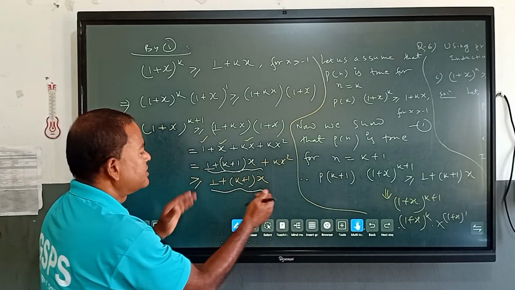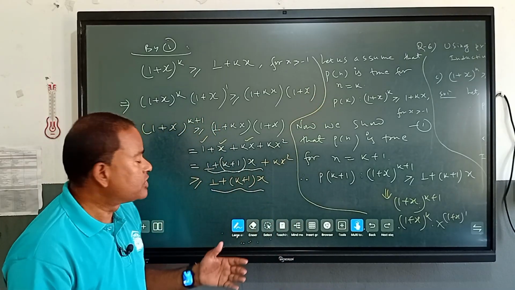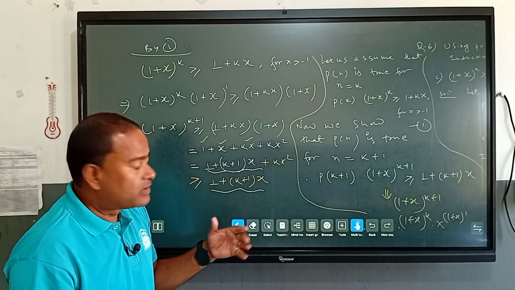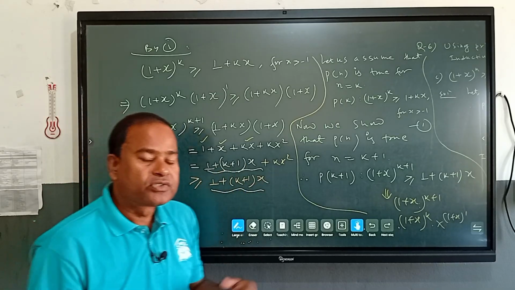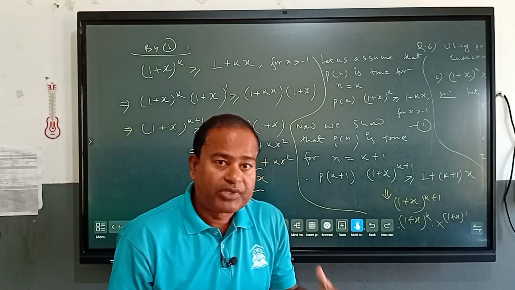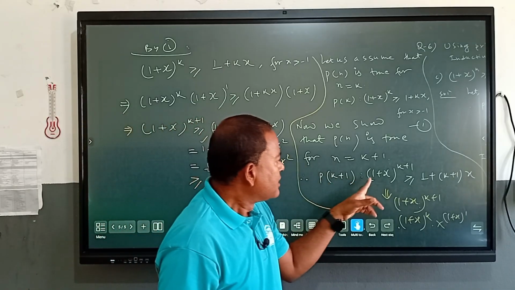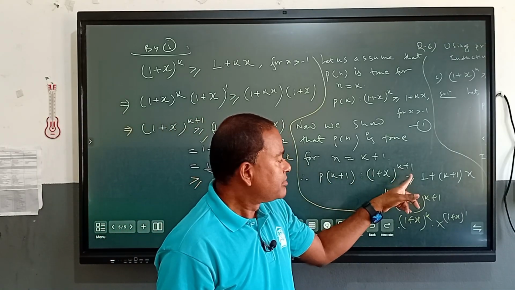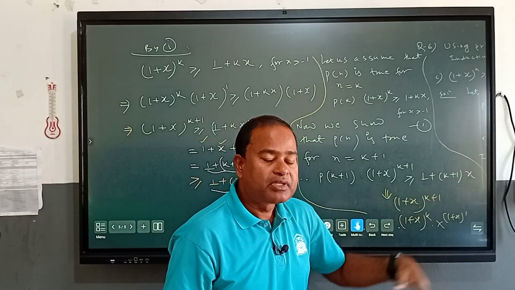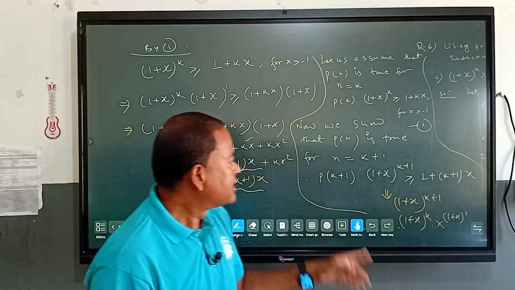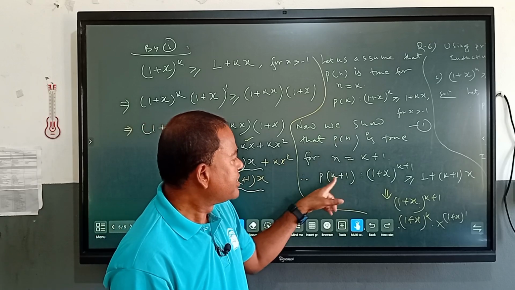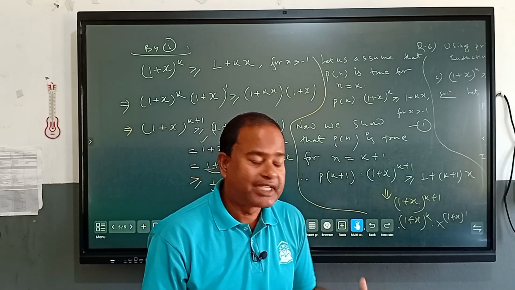So this whole expression we can write greater than or equal to parts of this expression, that means 1 plus k plus 1 x. So dear students, in this way we have got 1 plus x whole power k plus 1 greater than or equal to 1 plus k plus 1 times x. So now we can say that the given statement is true for n equals k plus 1.